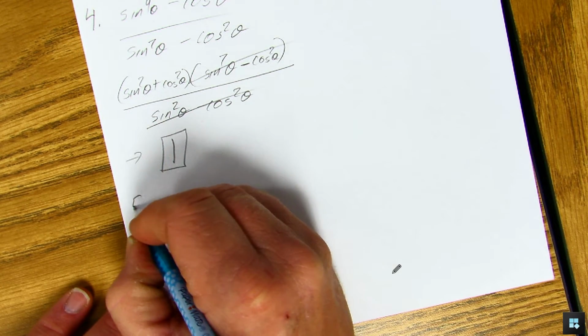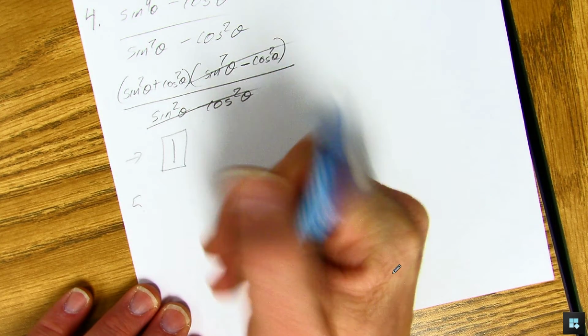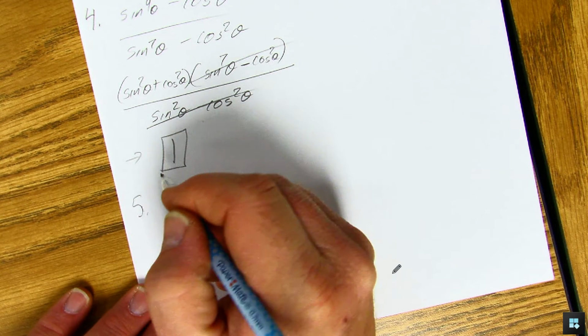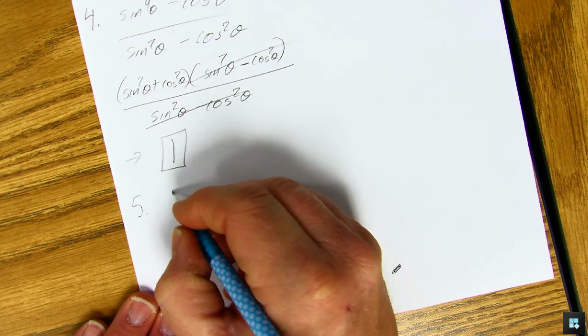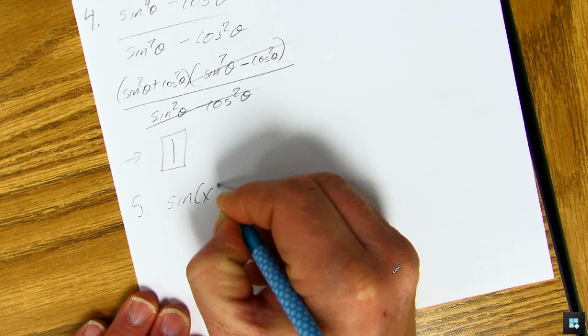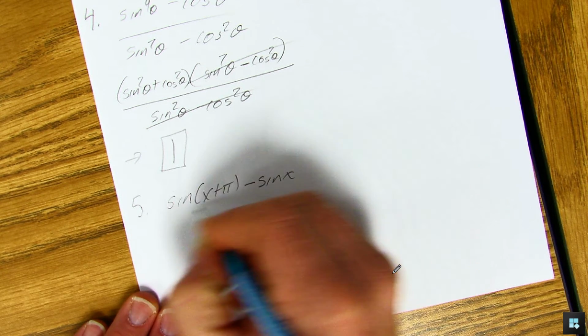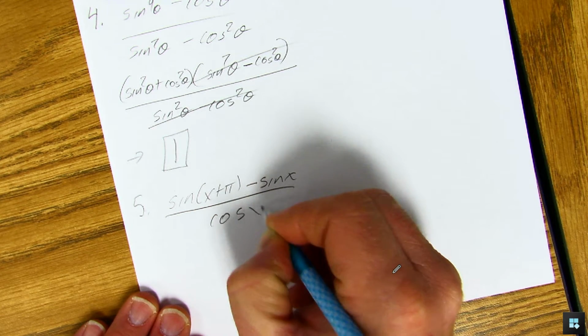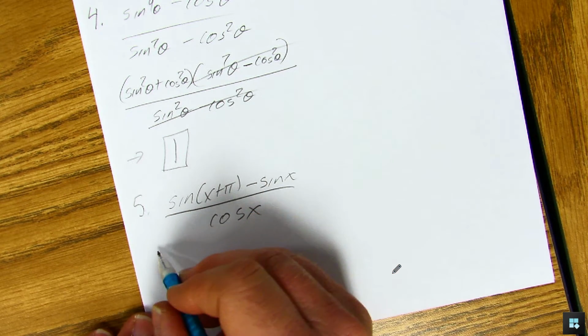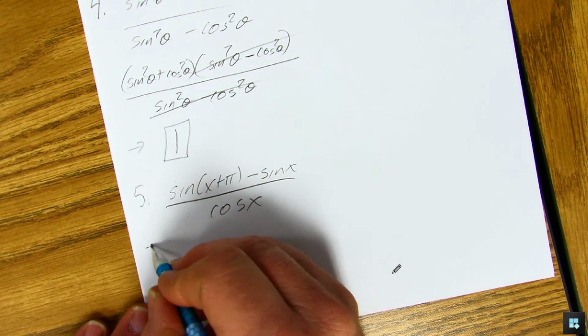Number 5. So number 5 says we have the sine of x plus pi minus the sine of x, all over the cosine of x. So who's choosing? Sinbad is choosing.